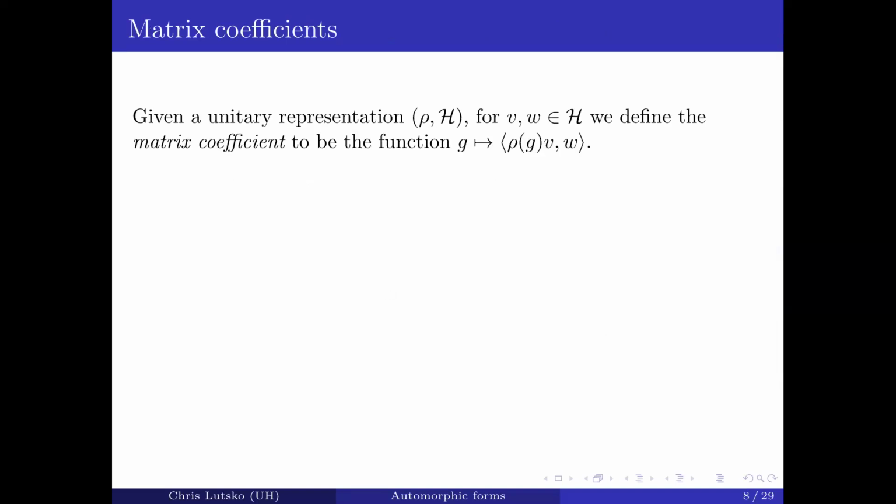Okay. And the last thing that I want to talk about before talking about new things is matrix coefficients. So if I'm given a unitary representation on some Hilbert space, I can define the matrix coefficient to be the function that takes g to the inner product of gv with w.